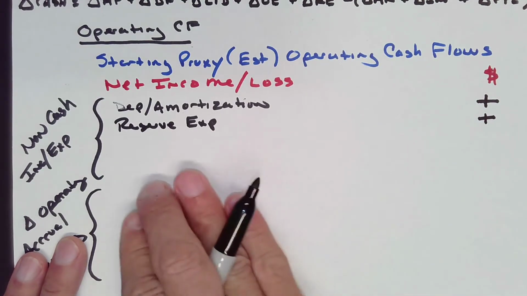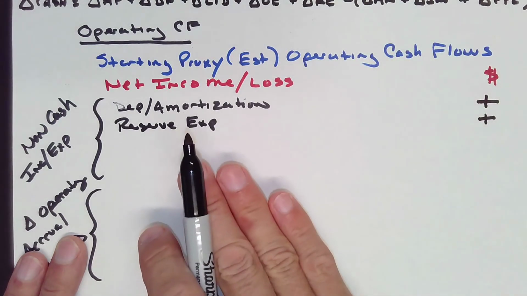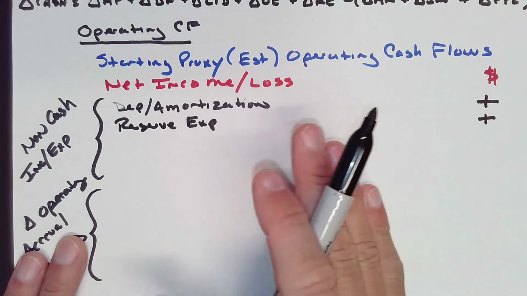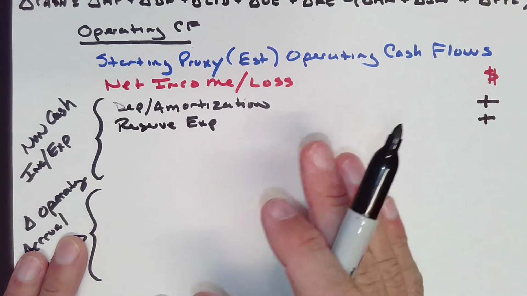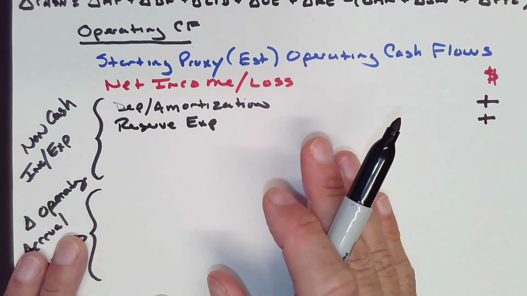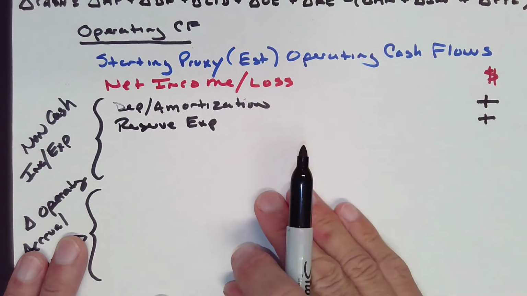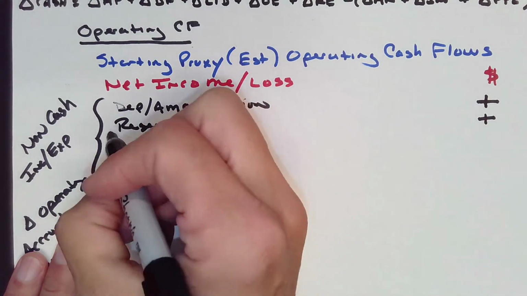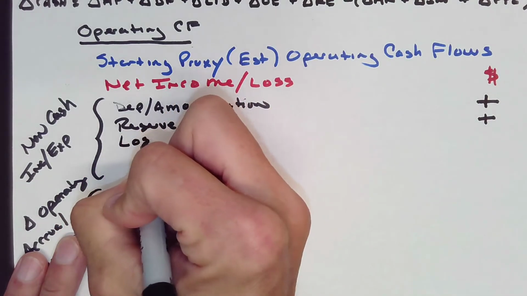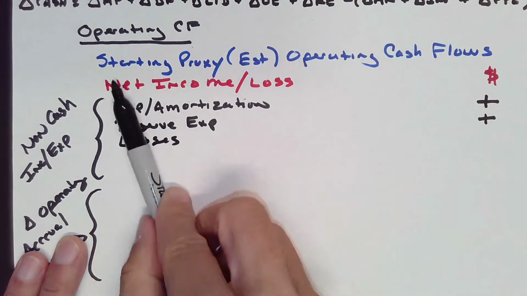Any kinds of losses, whether that is goodwill impairment or an impairment of property, plant, and equipment, or a loss related to selling or basically throwing away property, plant, and equipment. Just stopping it. So losses that are not part of normal operations, right?